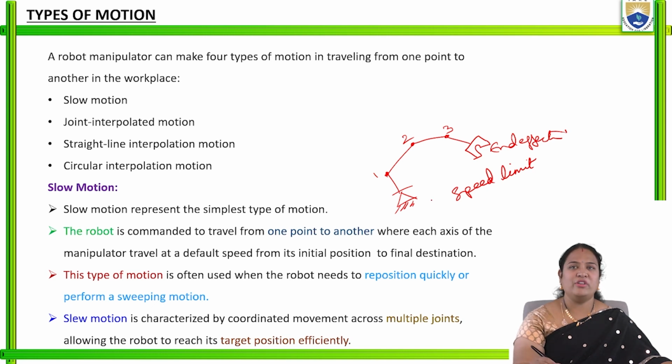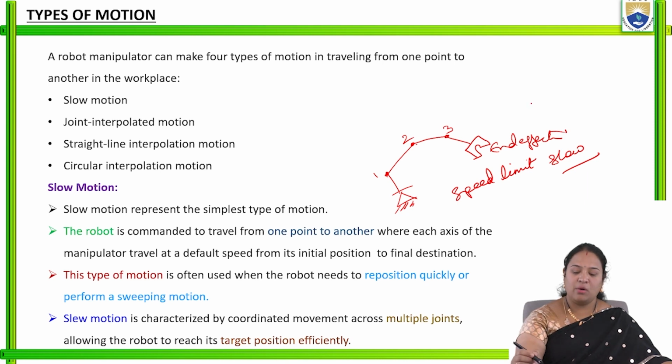The movement of the robot from one point to the other point will be done in a slow categorization, so that at the end of the task, the robot will move back to its original position quickly, and it may also perform a sweep motion, that is, the movement from one position to the second position.